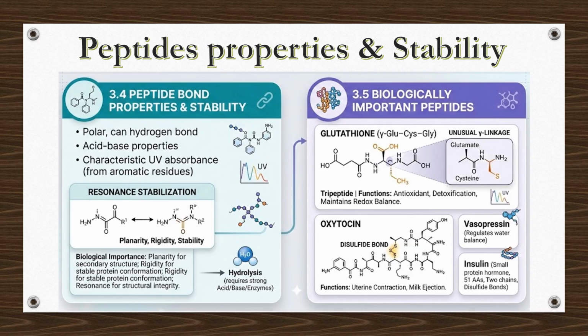Its cysteine thiol group neutralizes reactive oxygen species, and two molecules can join to form oxidized glutathione, later recycled back to its reduced form. Glutathione also aids in detoxification and protects proteins from oxidative damage. Deficiency leads to anemia, infection risk, and neurodegeneration.